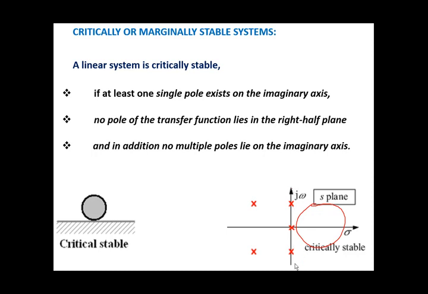So multiple poles or individual poles present on the j omega axis, that is the imaginary axis, along with any number of poles present on the left hand side. So one or more poles, but they should not be repeated. If those poles are present on the imaginary axis, then we can say the system is critically stable or marginally stable.